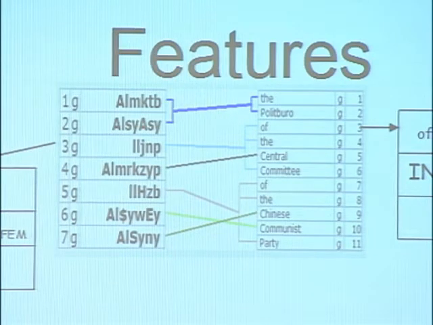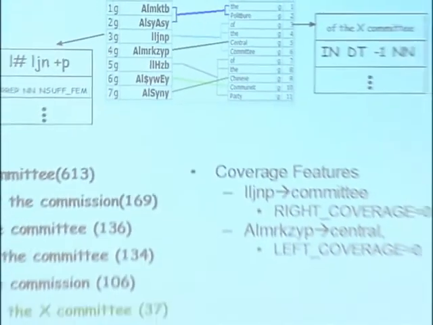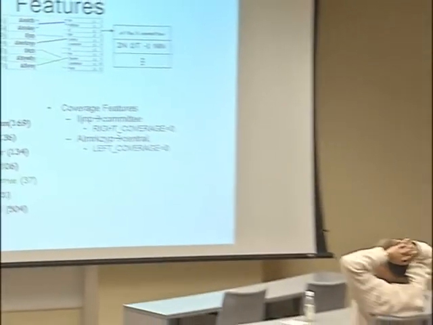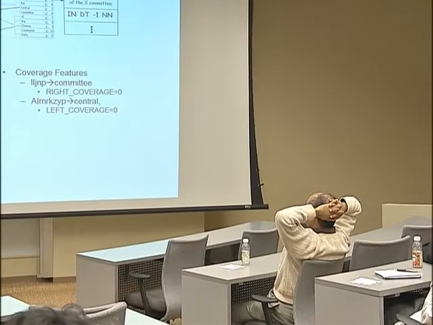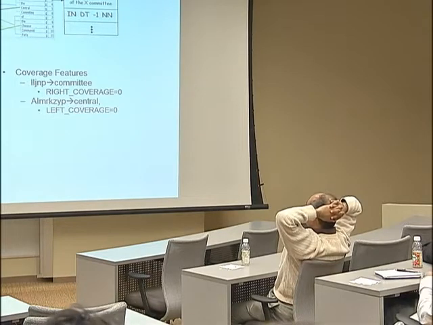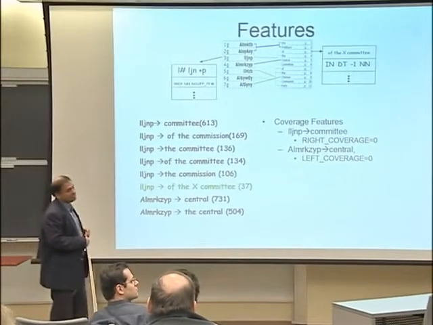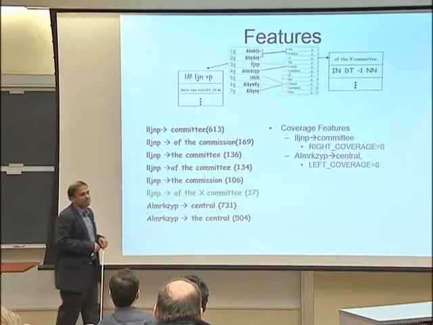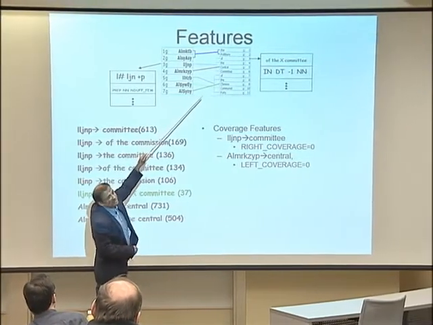Right? So there's usually a coverage vector for phrase decoders. For example, this right coverage, I don't know whether it's right coverage, but yeah, before you put in committee, you decide that central has already been produced, or that the Arabic word which is in position 4 has been covered. Yes. You will get that feature only when you produce committee. Right. So the two productions are different. Of the is different than committee.